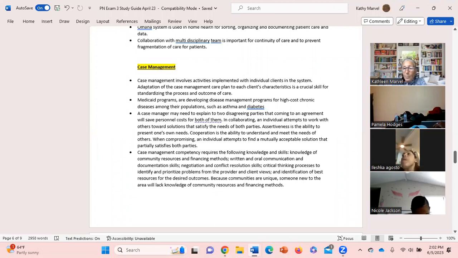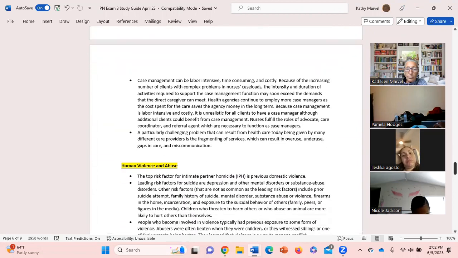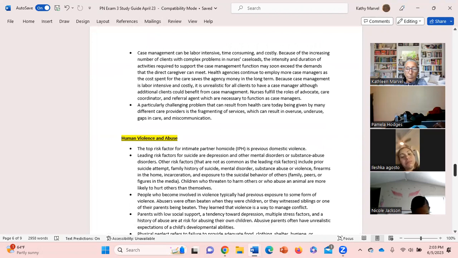Case management is a very important role in the nursing profession. Recently, case management is very labor intensive, time consuming, and costly. Why? Because of the increasing needs of the clients and the increase in the numbers of complex caseloads.